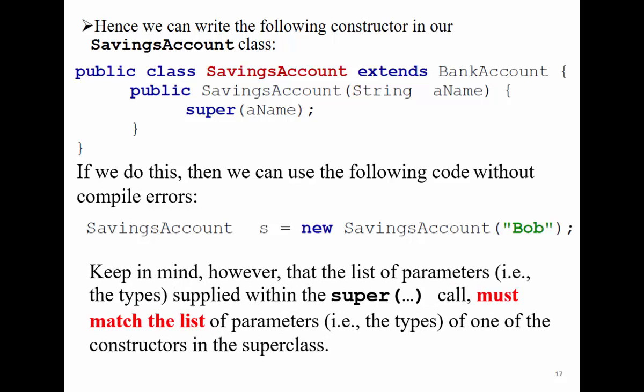Why? Because now we are calling the super constructor. And remember, if you are calling the super constructor, you have to provide the right signature. If the right signature does not exist in the superclass, it will look in the upper class. Then if it does not exist in the object, it will give you what? An error.